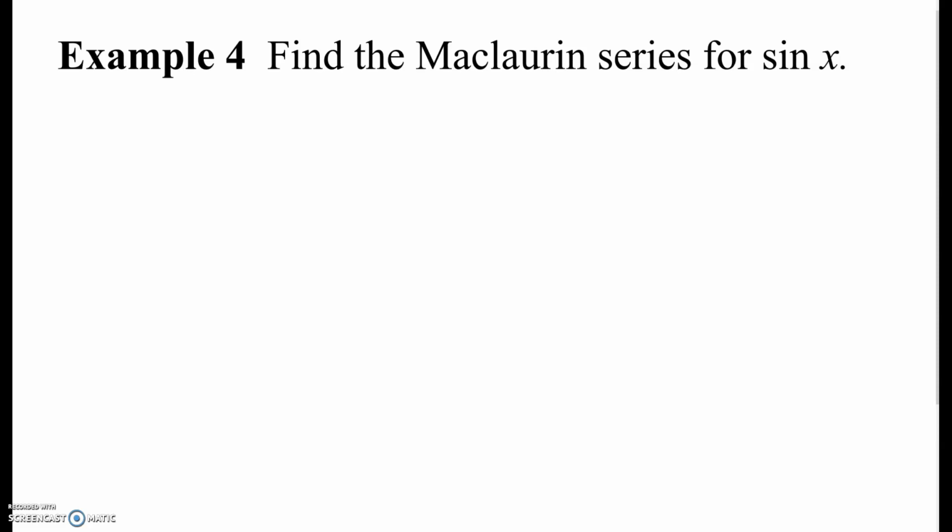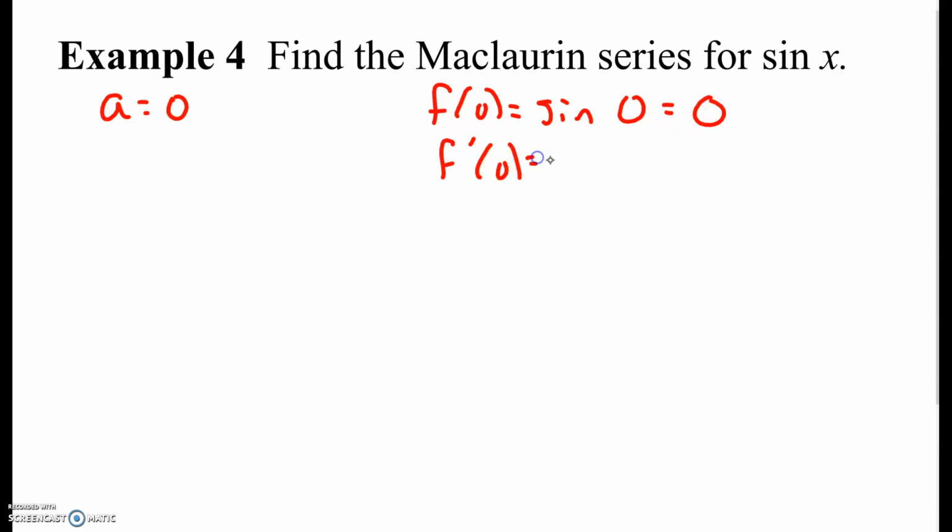For sine x, we're going to proceed similarly to the way we found e to the x. Again, it's a Maclaurin series, so a is 0. F of 0 would be sine at 0, which is 0. F prime at 0, derivative of sine is cosine.